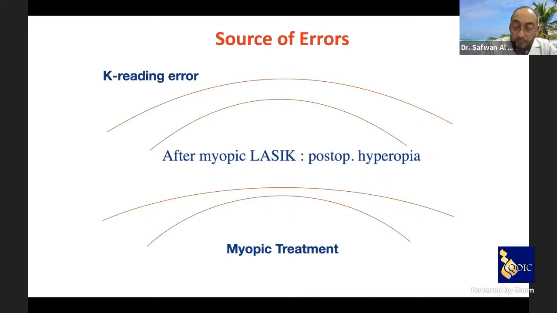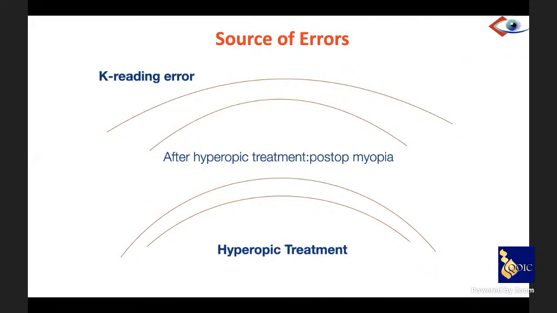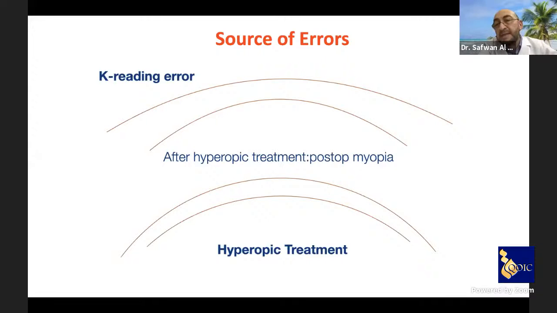And with a hyperopic treatment, in reverse, we are treating the periphery and steepening the center, so we end up with a myopic shift because we are increasing the power of the center.